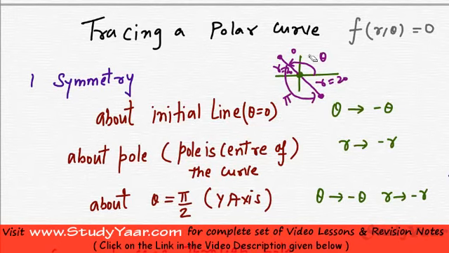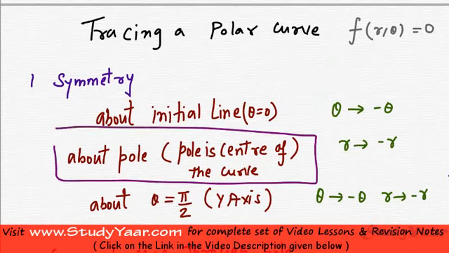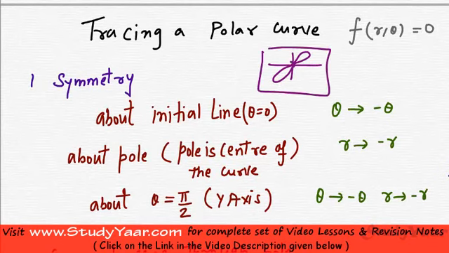So this is symmetry about the pole, and in that case your pole would be the center of the curve. Your curve could be something like this. Your pole is the center of the entire shape that you have.